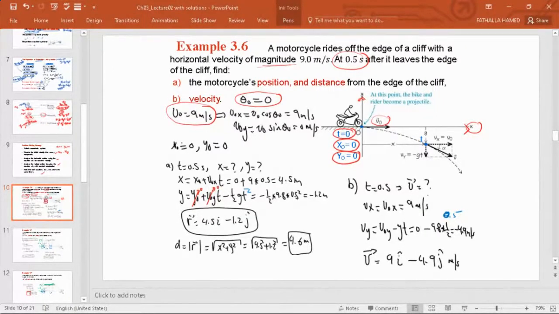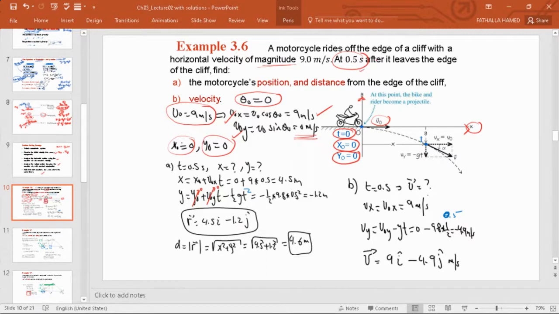That means I'm just taking the speed. The V0x is equal to V0 cosine theta 0, and cosine 0 is equal to 1. You get 9 meters per second. And the V0y, it's very obvious. It's going to equal V0 sine theta 0, and theta 0 is equal to 0, and sine 0 is equal to 0. That's why you get 0 meters per second. So you have your V0x and V0y. And we chose that the x0 is equal to 0 and the y0 is equal to 0.